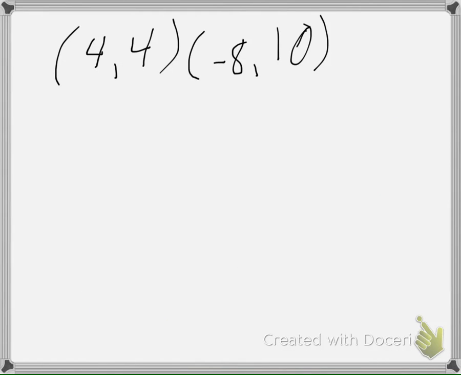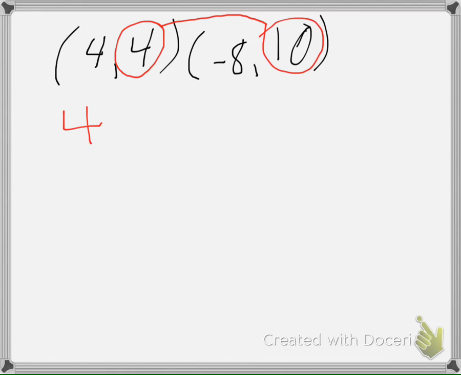All right, the second example that we had on your check for understanding was another finding the equation for the line, but this time the points that it's going through are (4, 4) and (-8, 10). You're still going to start the same way. We always start by finding the slope. So change in y, 4 minus 10, or 10 minus 4, whichever way you want to do it.